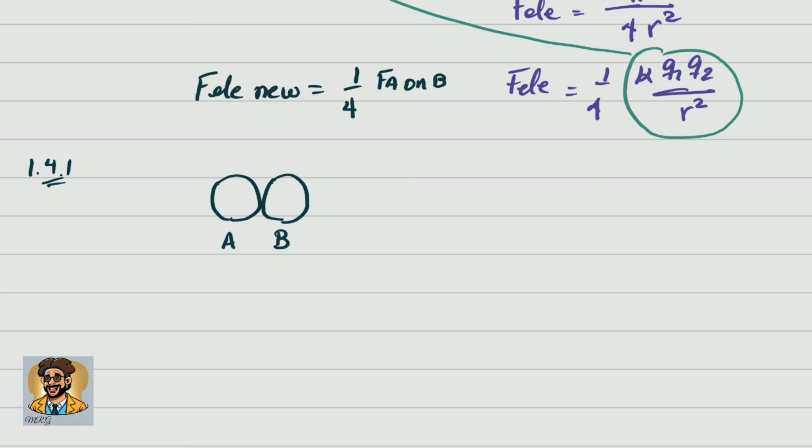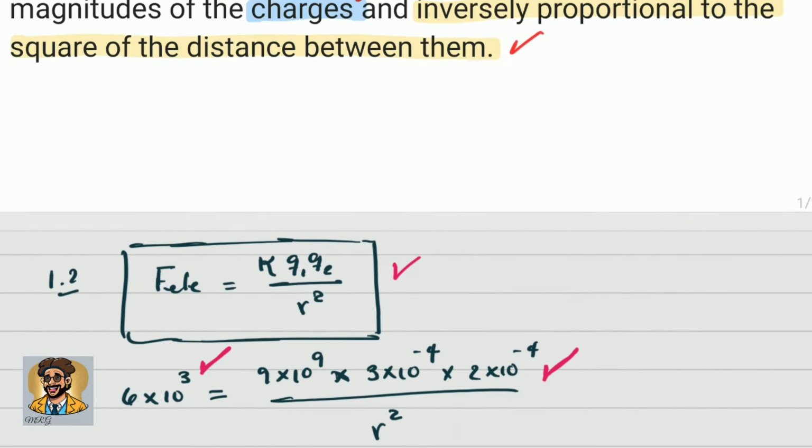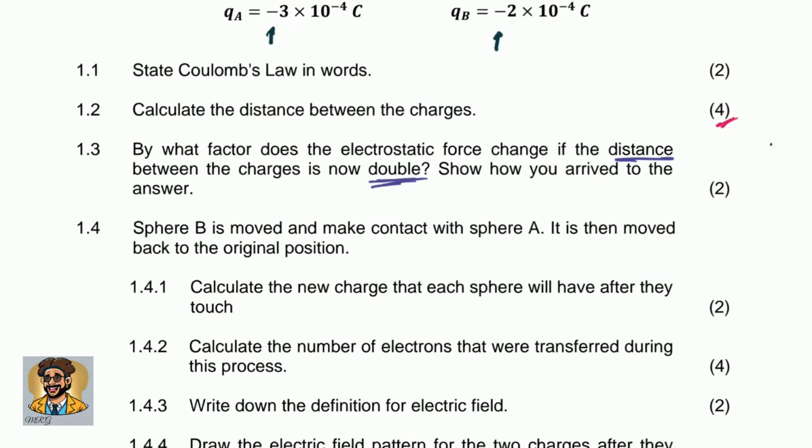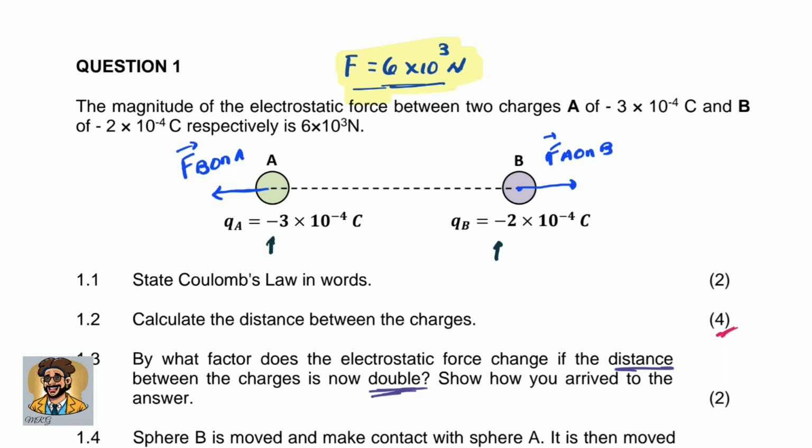Now, what is going to happen? During this process, electrons are going to move from one sphere to the other. The electrons are always going to move from the more negative to the more positive. You can see here that charge A is negative 3 times 10 to the minus 4, and charge B is negative 2 times 10 to the minus 4.